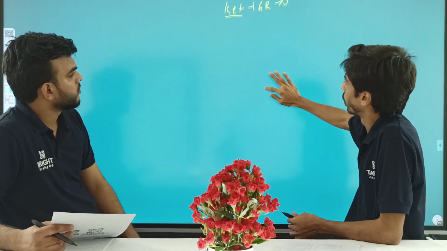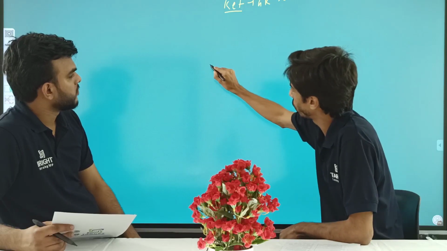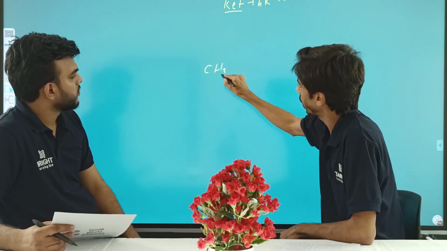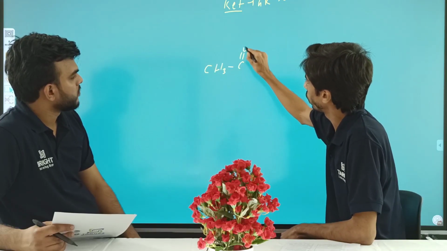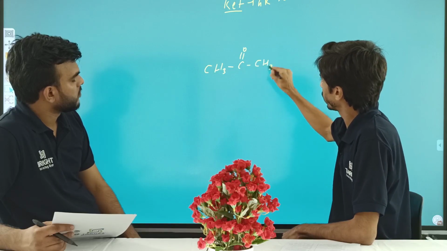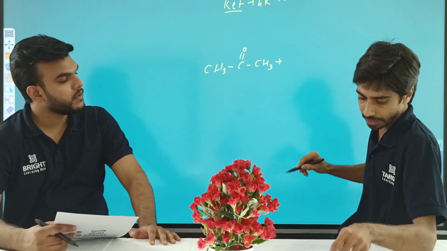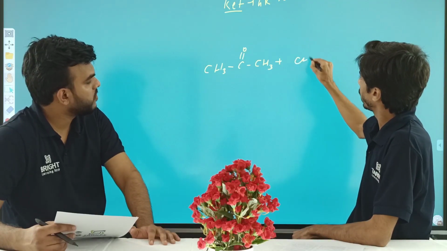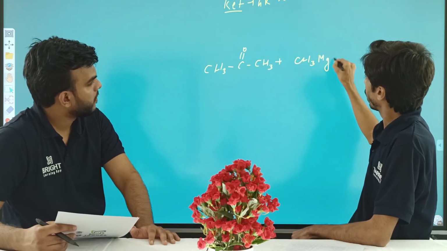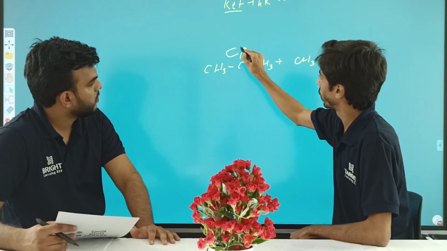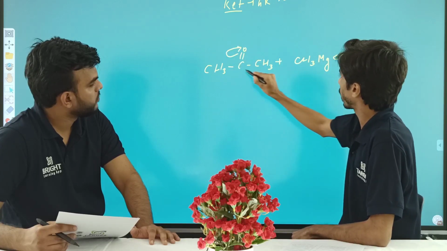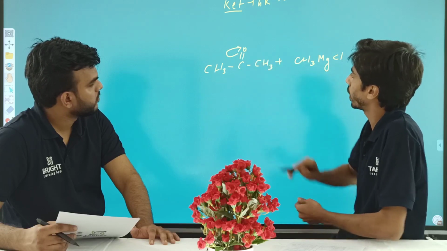So the reaction will be CH3 C double bond O CH3, made to react with methyl magnesium chloride, CH3MgCl. The double bond will be shifted to oxygen. This carbon will achieve a positive charge and oxygen will achieve a negative charge.